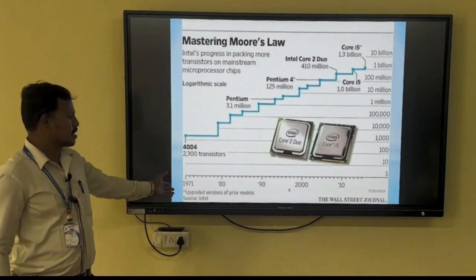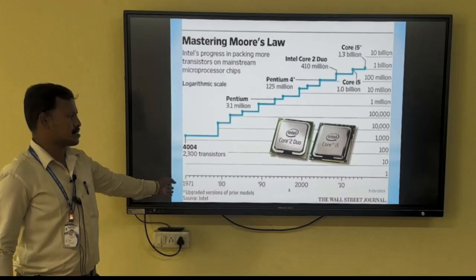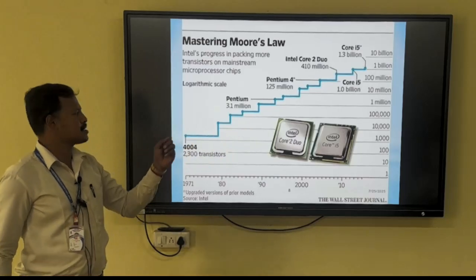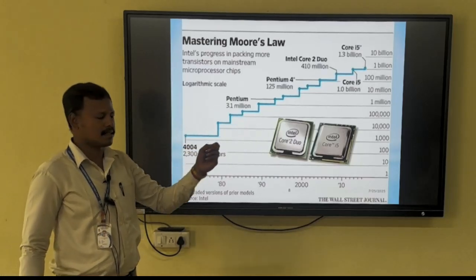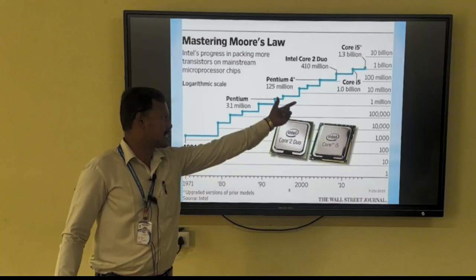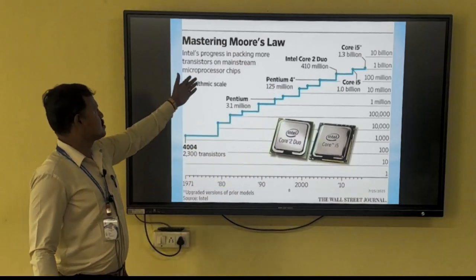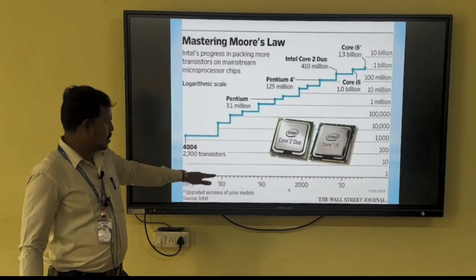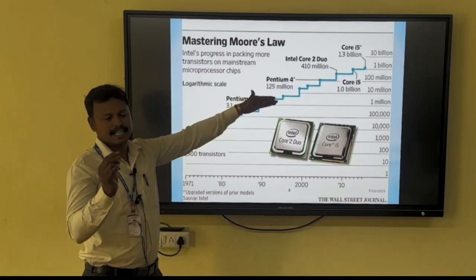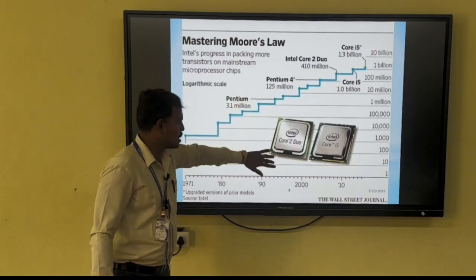The x-axis denotes years, and the y-axis denotes the utilization of transistors. In this Moore's law, as the years increase, the number of transistors contained also increases.